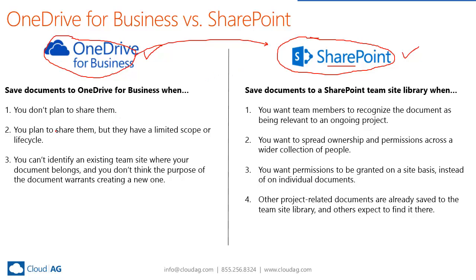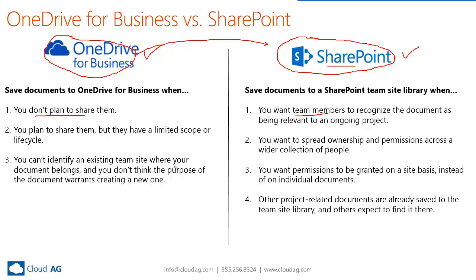But SharePoint is really meant for when content is meant to be shared with teams. And if fundamentally the document may be shared with somebody, but right now I just want to keep it in my own area, then I'm not planning to share it, so I would probably store that in my OneDrive area.